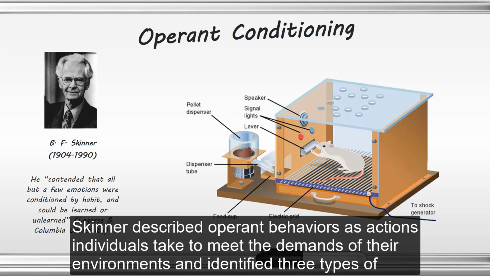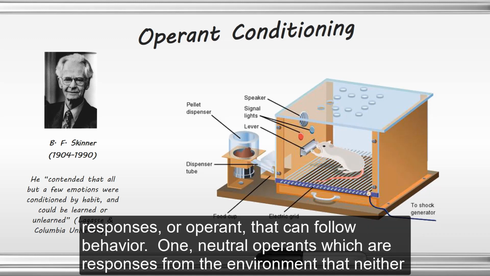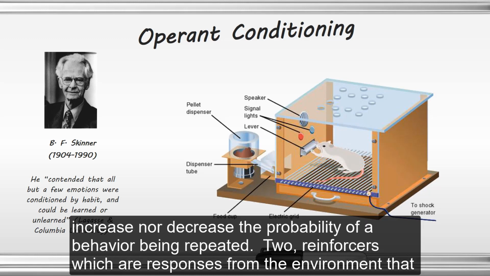Skinner described operant behaviors as actions individuals take to meet the demands of their environments, and identified 3 types of responses, or operants, that can follow behavior. 1. Neutral operants, which are responses from the environment that neither increase nor decrease the probability of a behavior being repeated. 2.